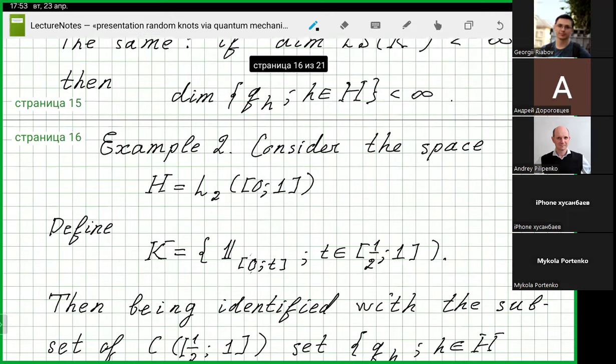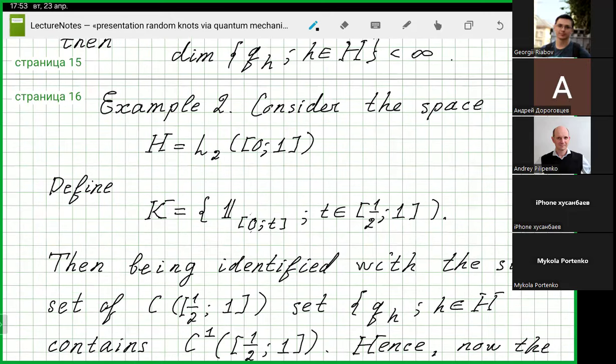Example 2. Consider the space L_2[0,1] as H and define K as the following compact: the set of indicators of intervals [0, t], indexed by t, where t is from 1/2 to 1.